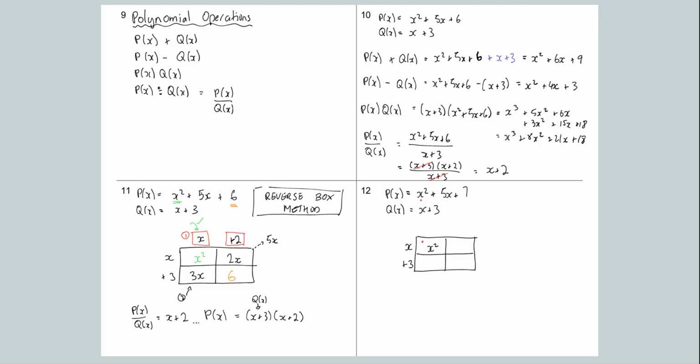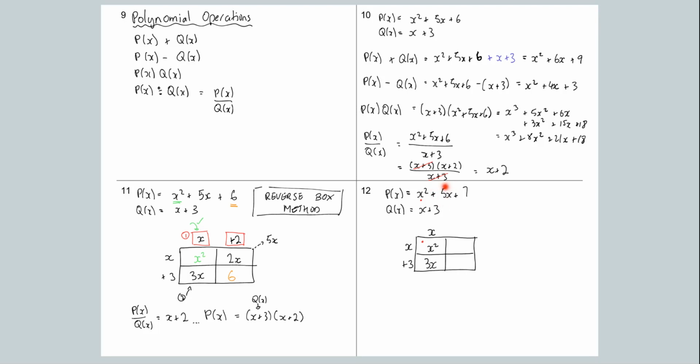And now I follow the pathway through. I know that it's x times something to give me x squared, and so I pop the x up here. X times x is x squared. I therefore can work out this bottom box here. X times 3 is equal to 3x, so that can be now filled in.